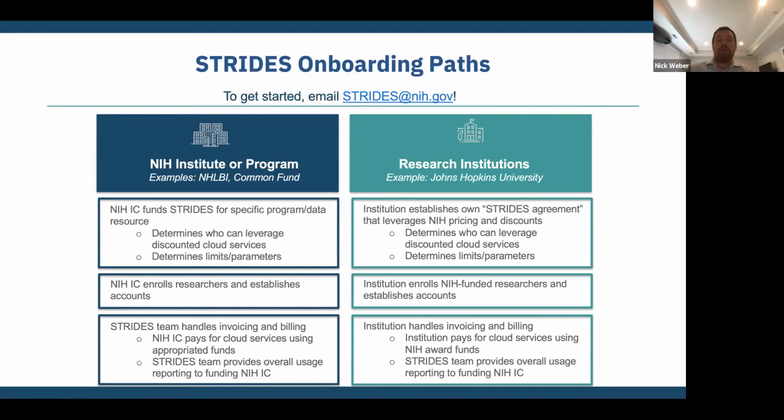How that works is that funding that has been made available, or in the future will be made available, to a researcher who's receiving award funds from NIH, you can use those award funds to pay directly through that relationship. We'll help you get set up with cloud accounts and provision and configure and all of those things that we talked about before.